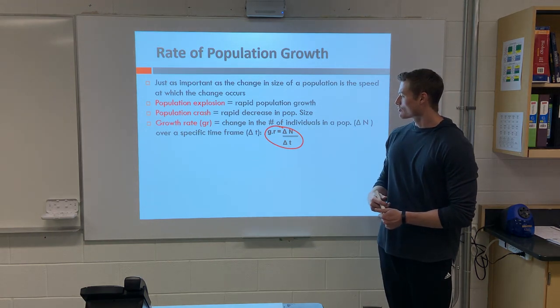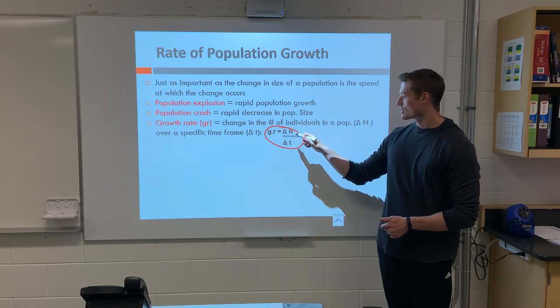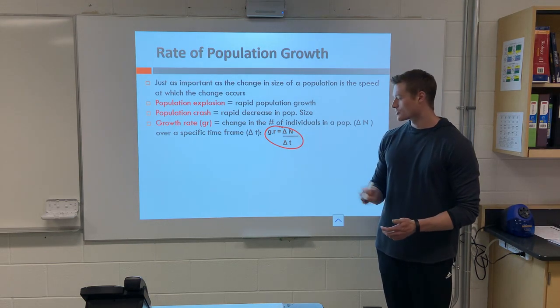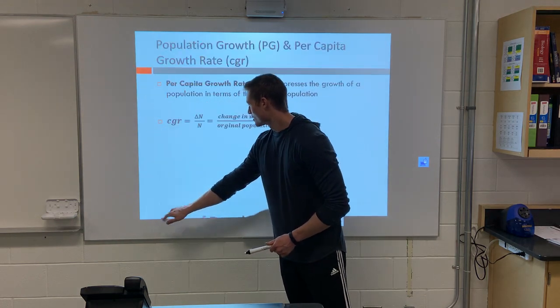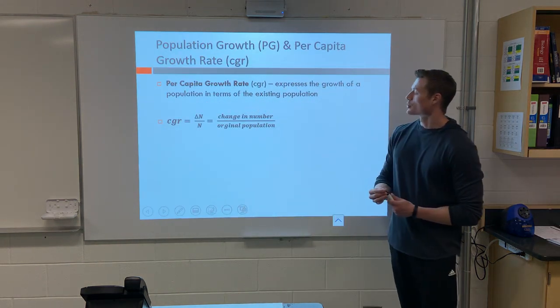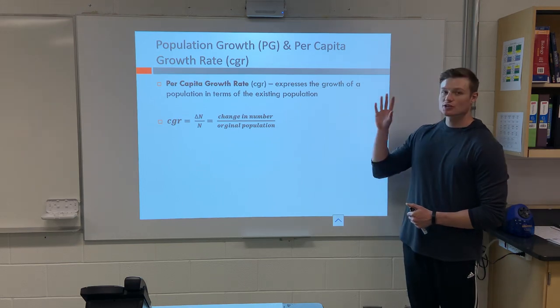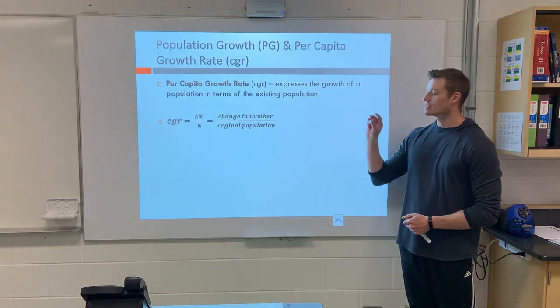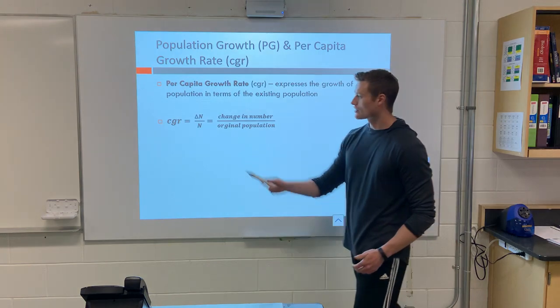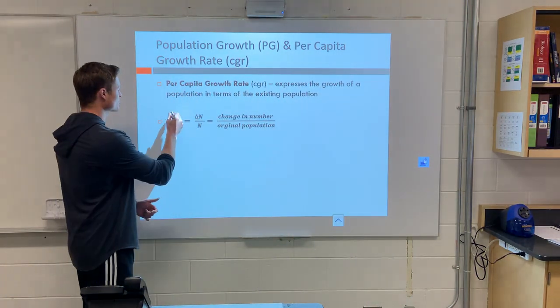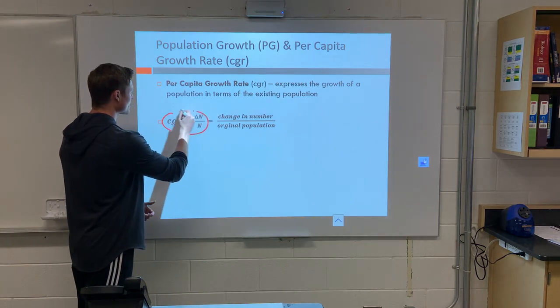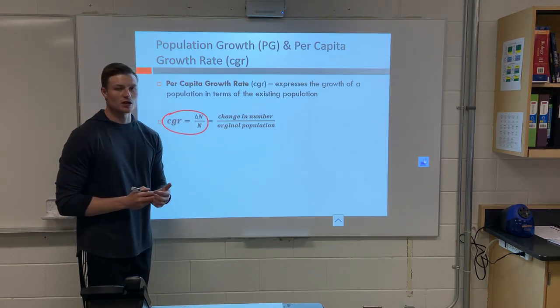So growth rate, one more time: delta N, which is your change in the number of individuals in the population, divided by delta T, which is your time period. Now, we can look at something called per capita growth rate, which expresses your growth rate in terms of the existing population. To calculate your per capita growth rate, or CGR, you take your delta N and divide it by N, your original population.